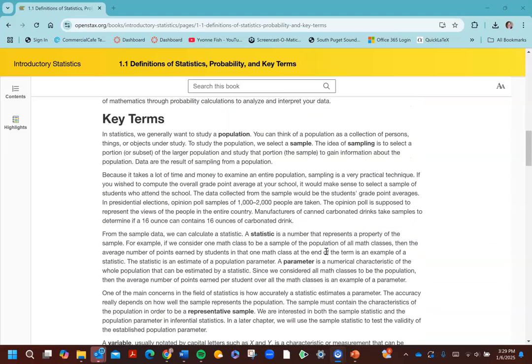And then there's some key terms I want to point out here, and I'll go through the workbook with these as well. Population, that's the whole collection. Sample is where we're just pulling some random samples from the population that we're looking at, because generally we can't find all the data for everybody in the population.